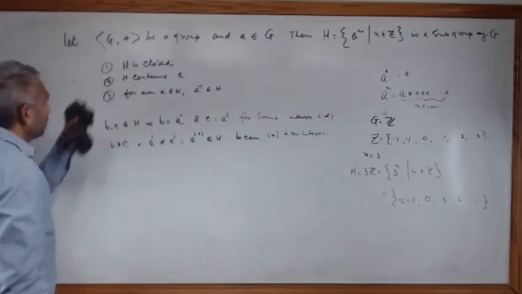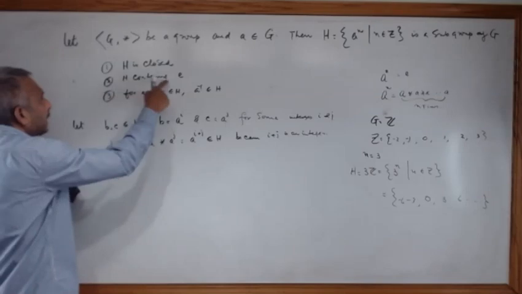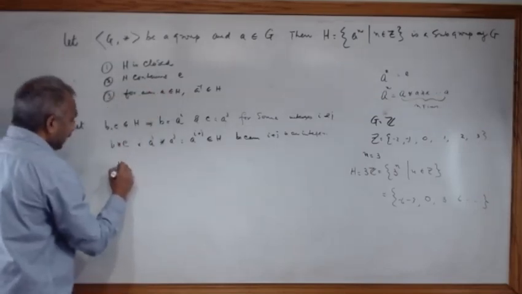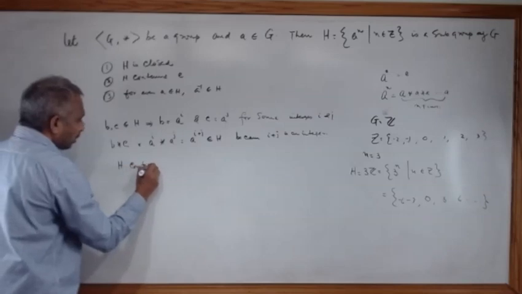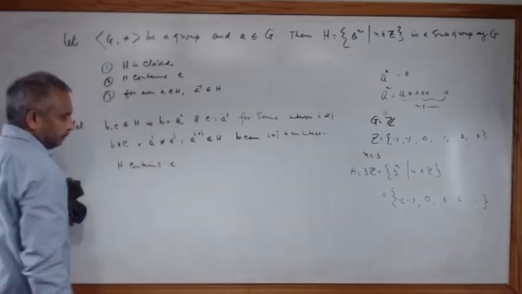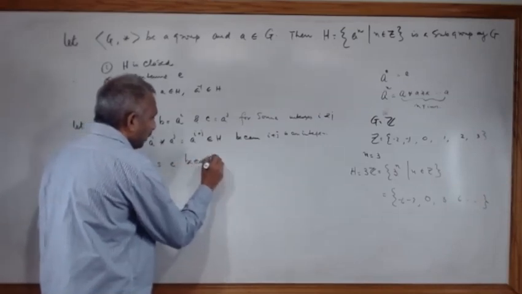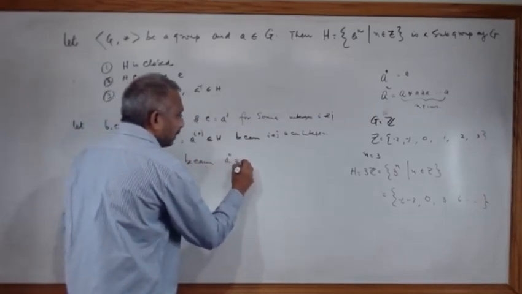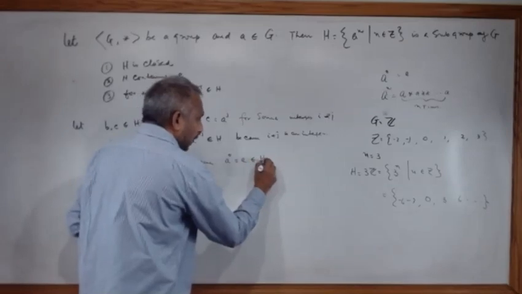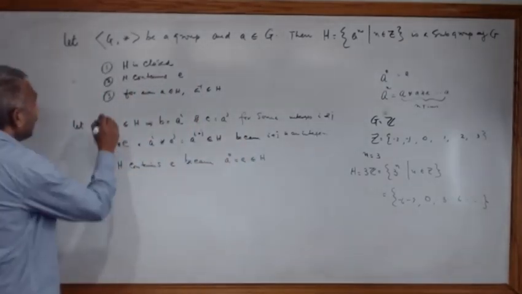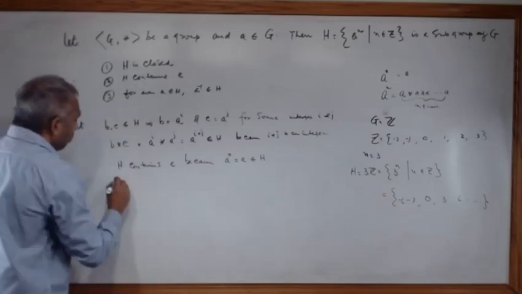So it is closed. Definitely it contains e because a to the power of 0 is equal to e and that belongs to H. And the last one is also true.